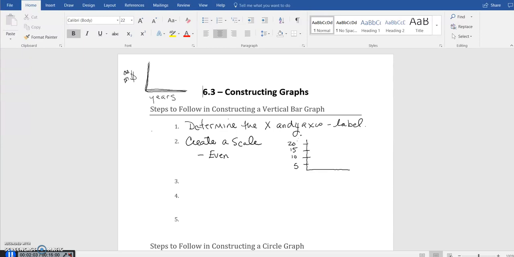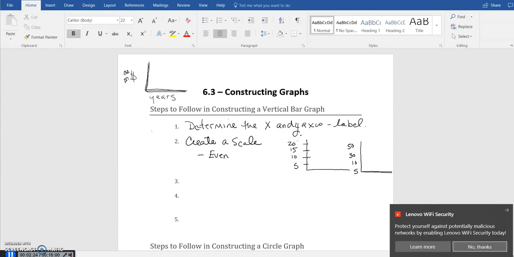As opposed to if I did 5, 10, and then I jumped up to 30, and then I jumped up to 50. Notice that here the scale is thrown off.